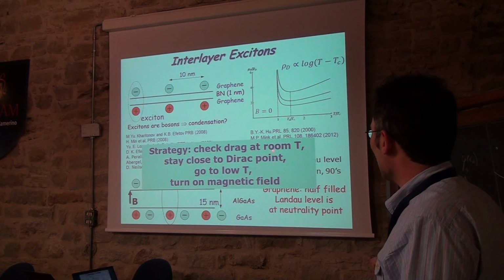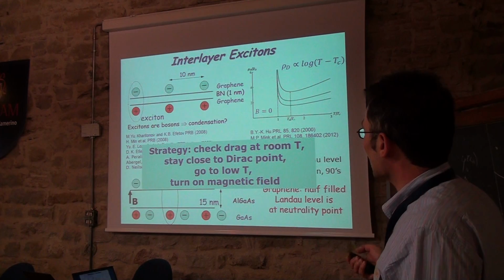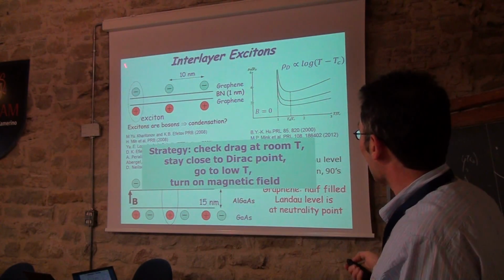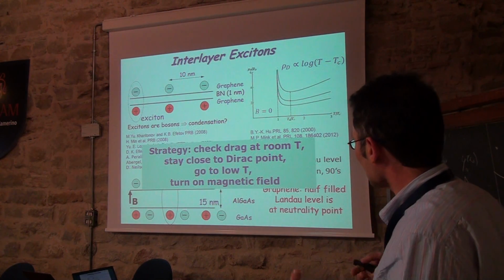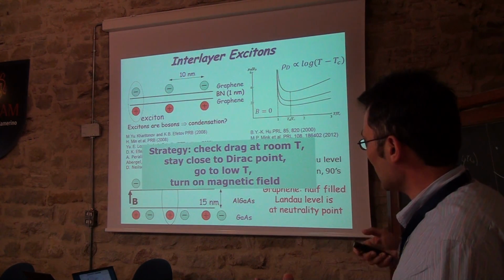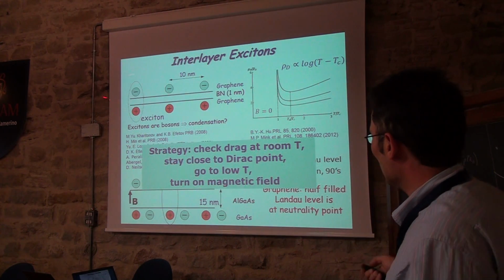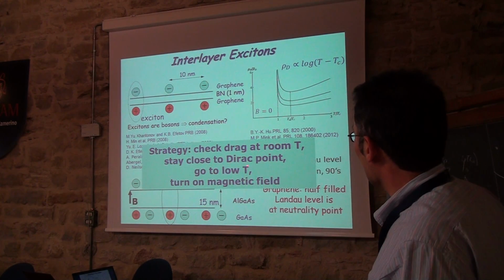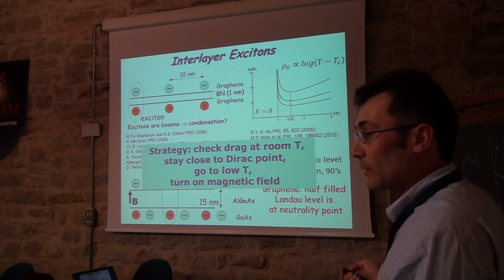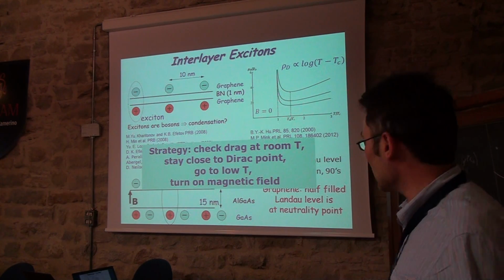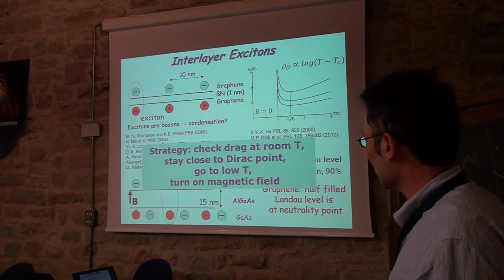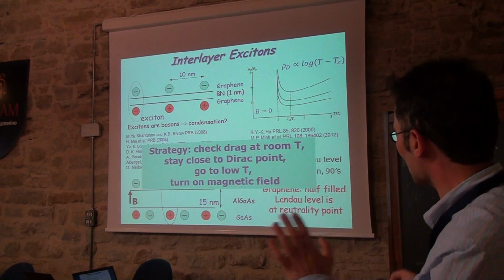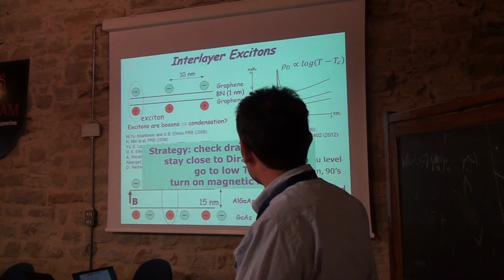Then we have to stay close to the Dirac point, because when we increase the density and these charges go closer to each other, the interlayer interaction becomes stronger and there is a stronger screening. So at a certain point we just lose the interaction. Then if at room temperature it doesn't work, we have to go to as low a temperature as possible, and even if at low temperature it doesn't work, we have to turn on a magnetic field and see what happens. So this is the strategy. Otherwise it will take ages to study the whole thing.